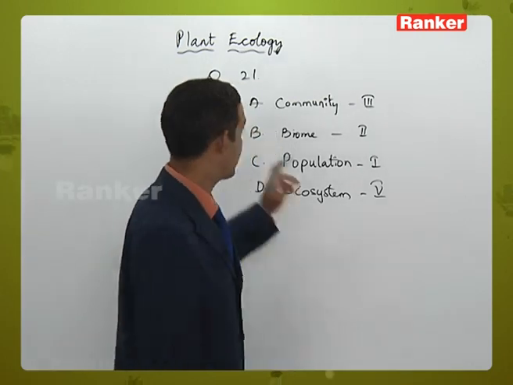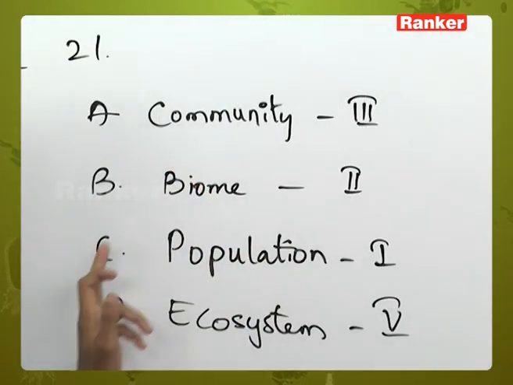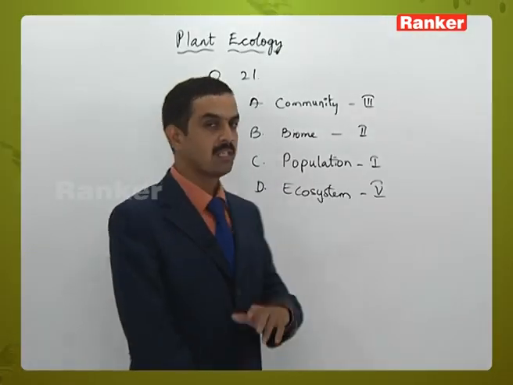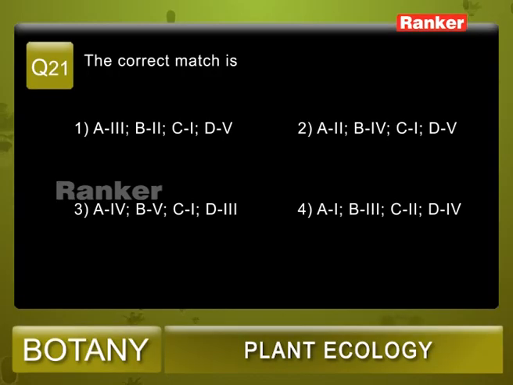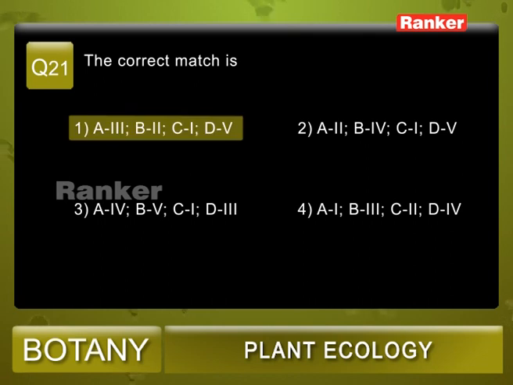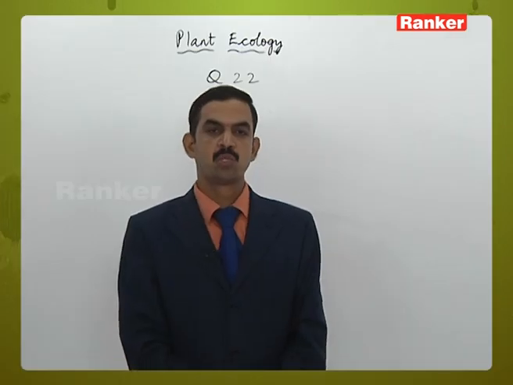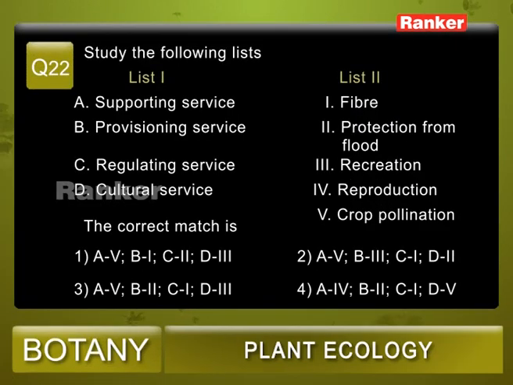So, from the given options A is 3, B is 2, C is 1 and D is 5. Question number 21, the correct answer is 1. Question number 22, study the following lists. List 1, A, supporting service, B, provisioning service, C, regulating service, D, cultural service.